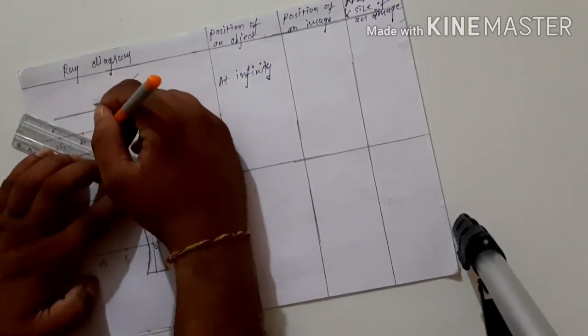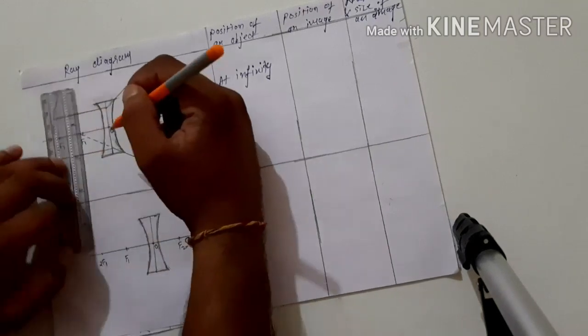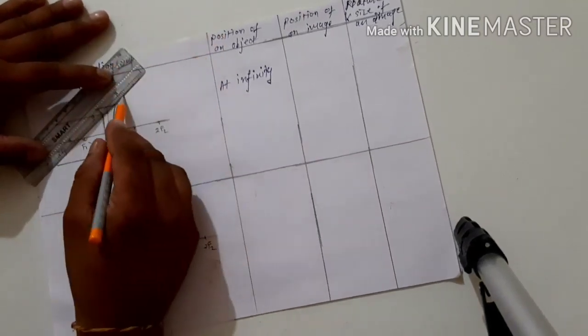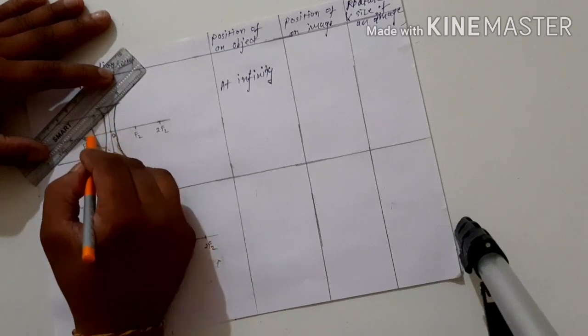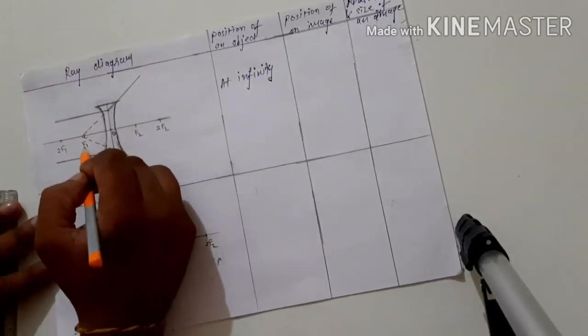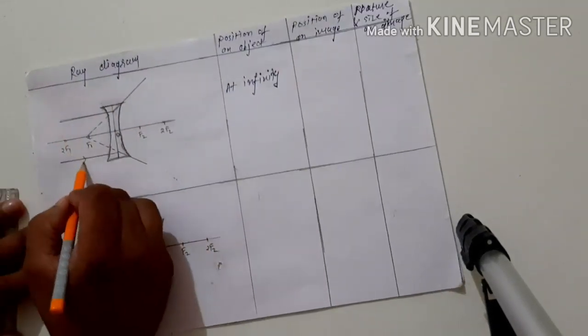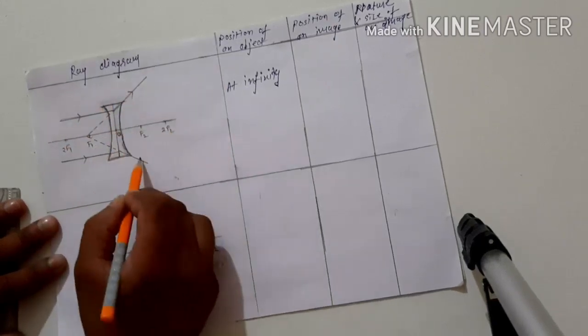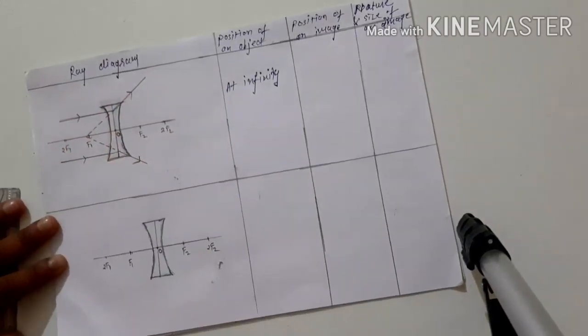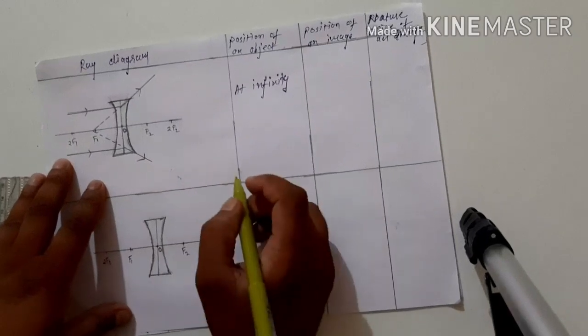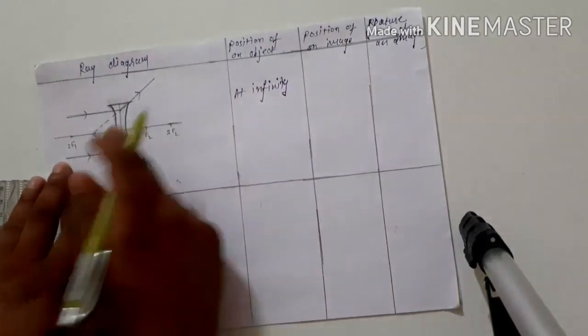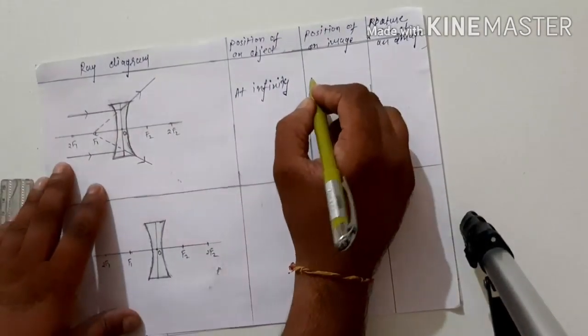Now as we extend it backward, both of the diverging rays intersect at point f1 like this.